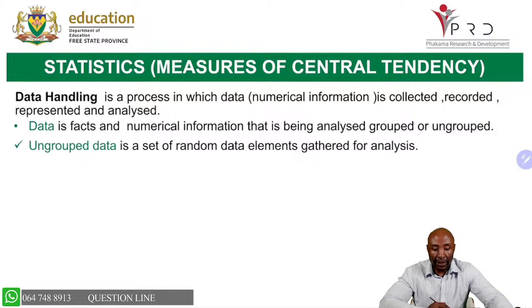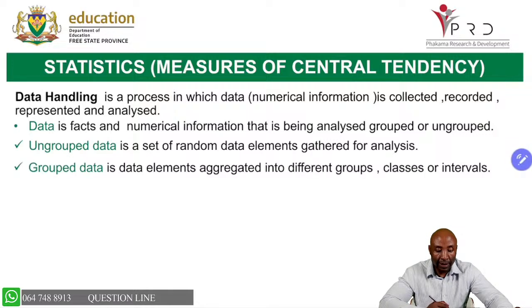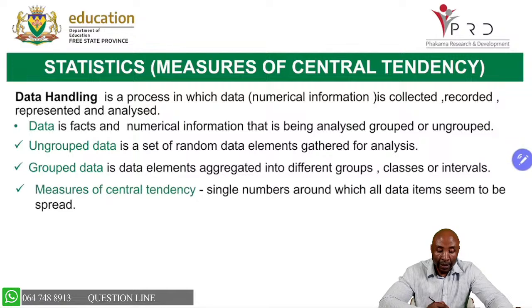For ungrouped data, this is a set of random data elements gathered for analysis, and grouped is the data elements aggregated into different groups or classes or class intervals. And we look at measures of central tendency, where we are saying this is a single number around which all data items seem to spread.